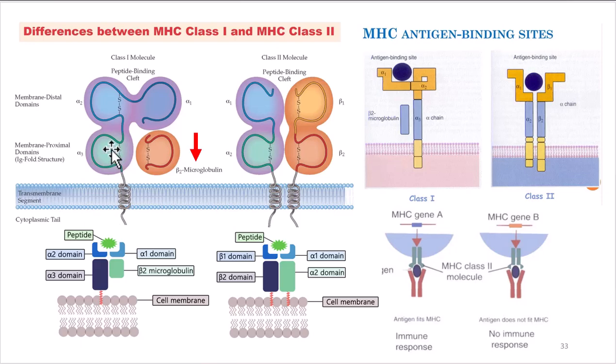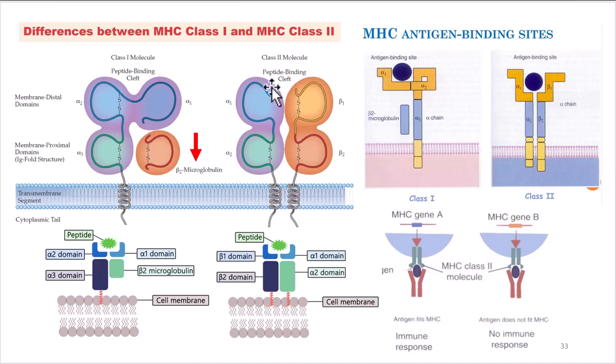They have an alpha protein, which has 3 lobes, and then it has a binding groove or cleft into which peptides can fit. And we see that down here. The peptide fits. And then notice there's this molecule called a beta-2 microglobulin. This is not inserted into the membrane. It must associate with this molecule.